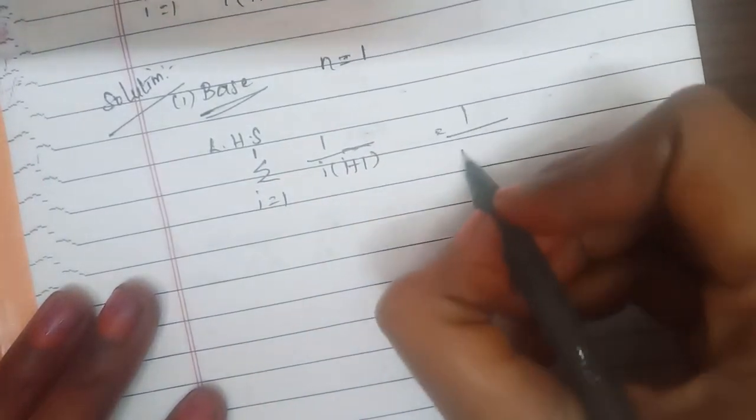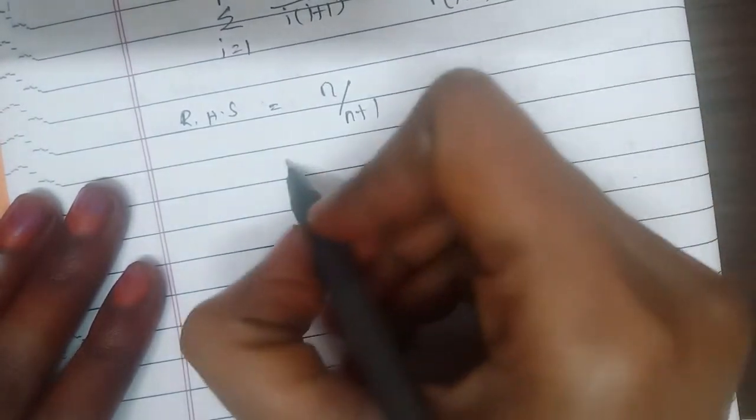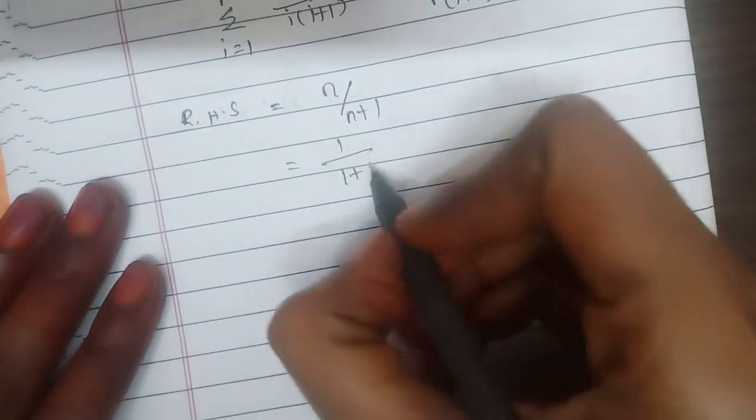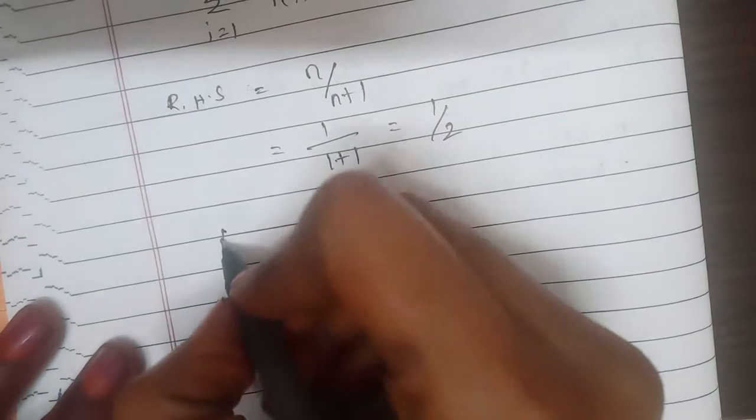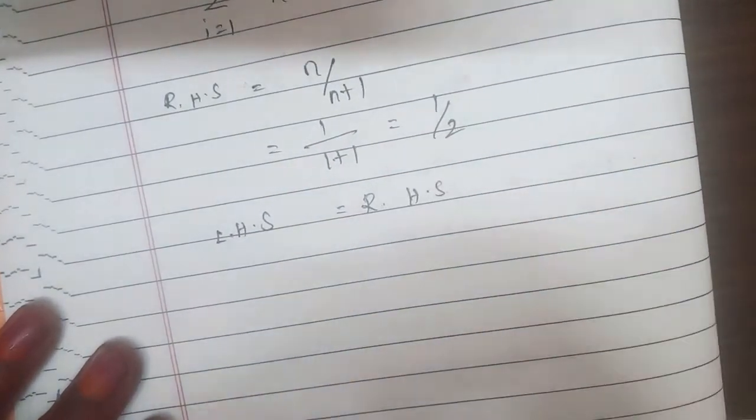So 1 divided by 1 into (1 plus 1), which is 1 by 2. And next RHS equal to n divided by (n plus 1), which is 1 divided by (1 plus 1), 1 by 2. So here we prove LHS equal to RHS for the base case.